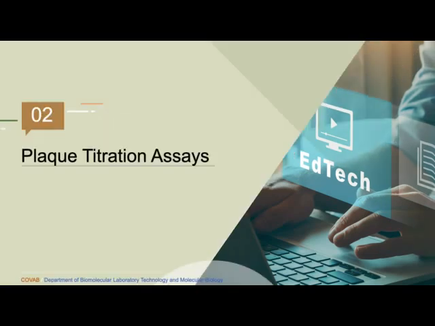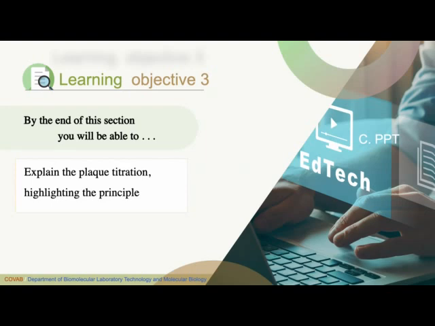So here we are in the second series on topic number 3, and we are concentrating on plaque titration assays. Learning objective 3. By the end of this section, you'll be able to explain the plaque titration, highlighting the principle underlying it.